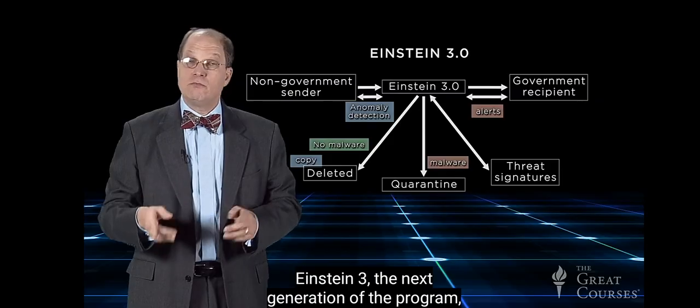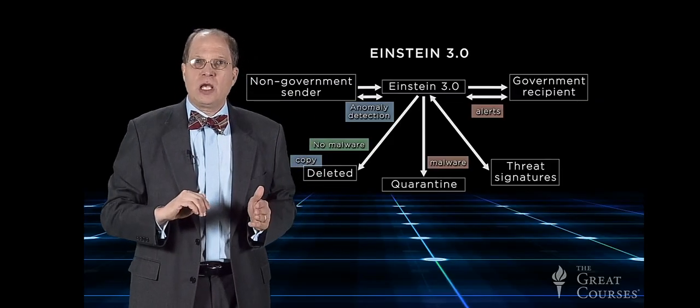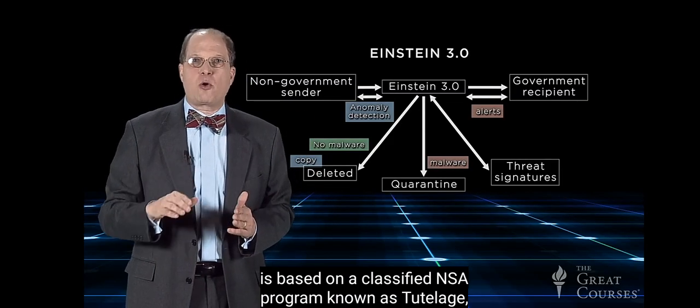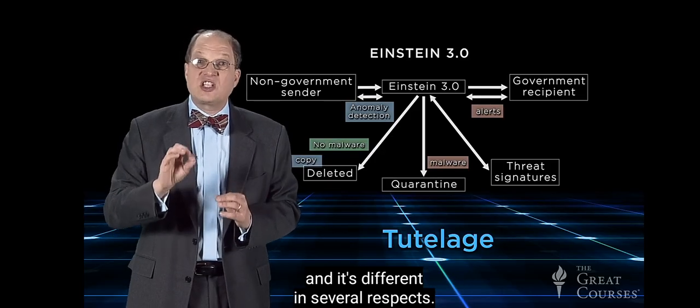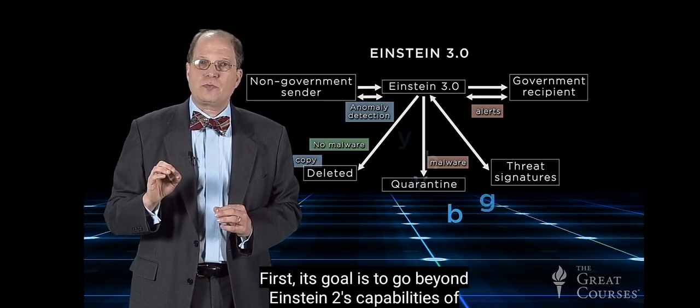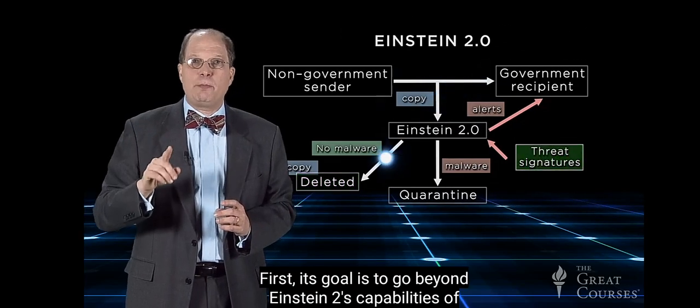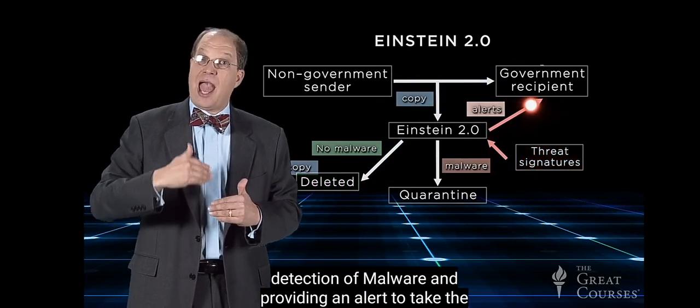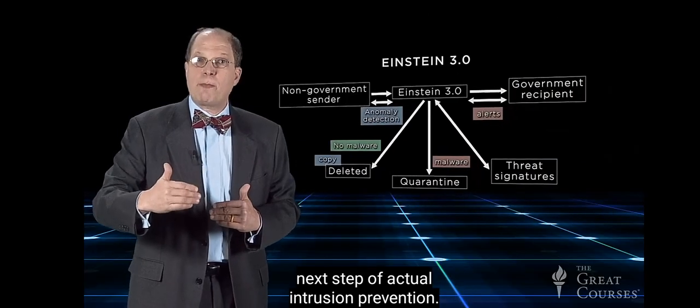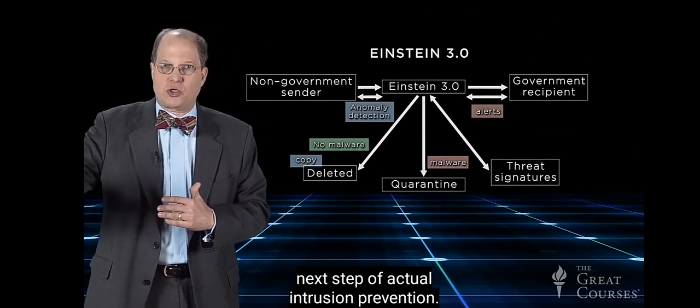Einstein 3, the next generation of the program, is based on a classified NSA program known as Tutelage, and is different in several respects. First, its goal is to go beyond Einstein 2's capabilities of detection of malware and an alert to take the next step of actual intrusion prevention.